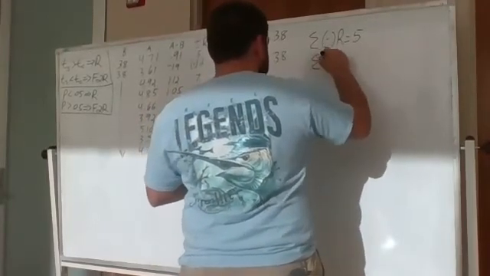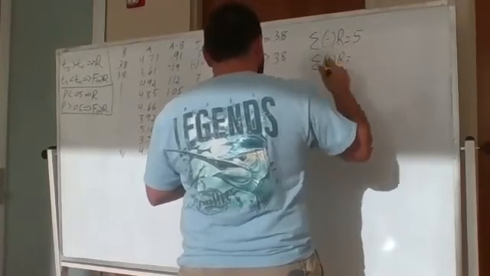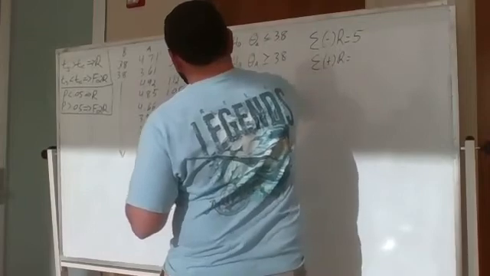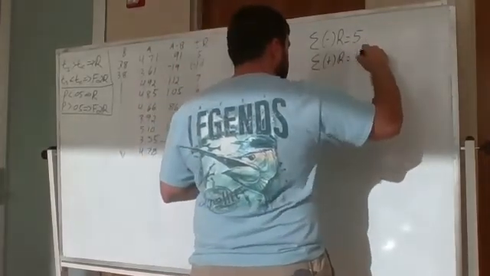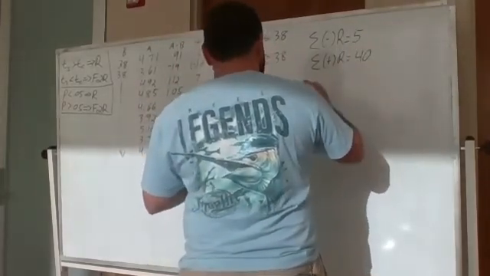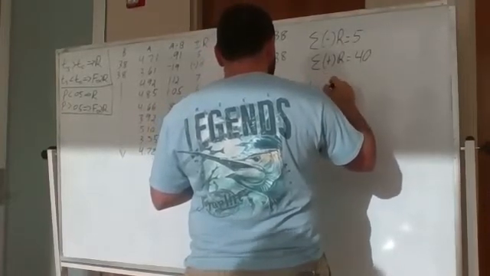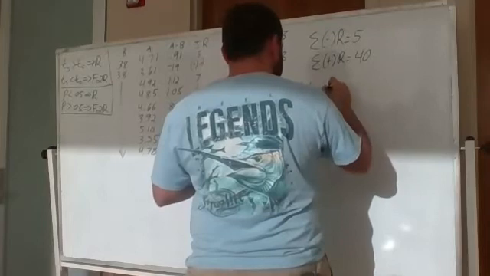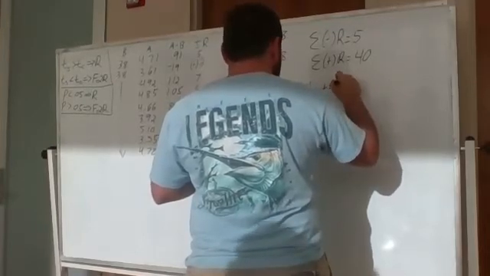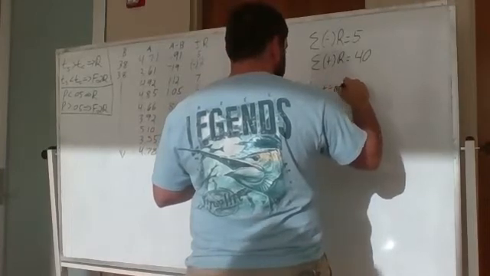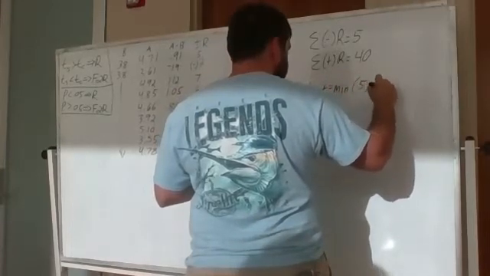And the sum of the positive ranks is 40. Yeah, it's 40. So then when you look at your W stat, you're looking for the minimum value between these two sums.